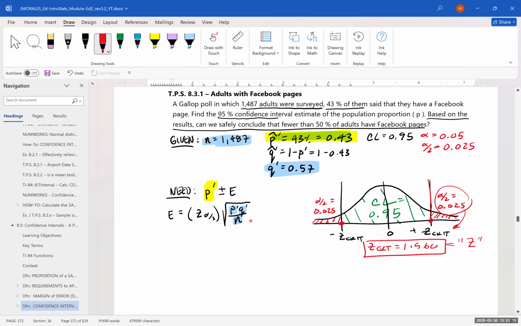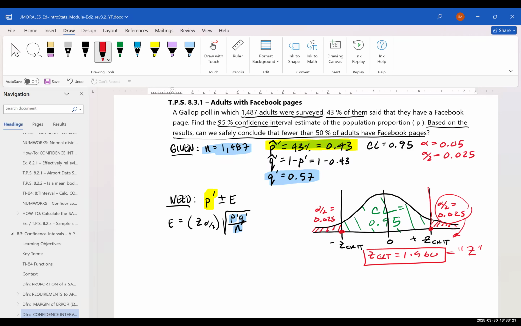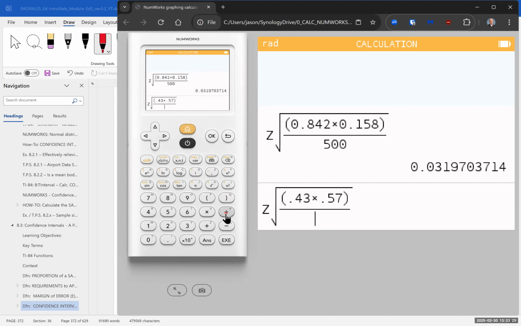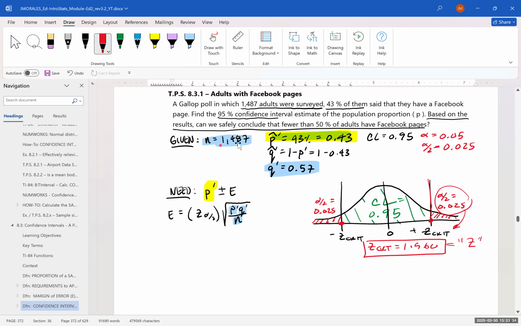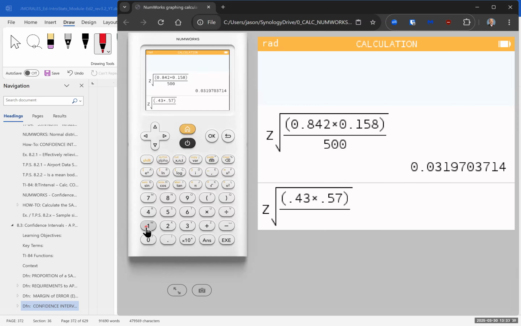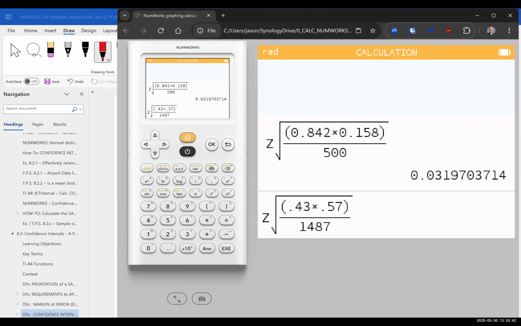So 0.43 times 0.57, right parenthesis, divide by the sample size, which was 1487.